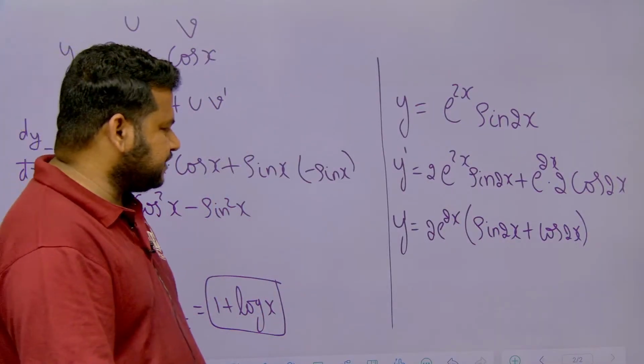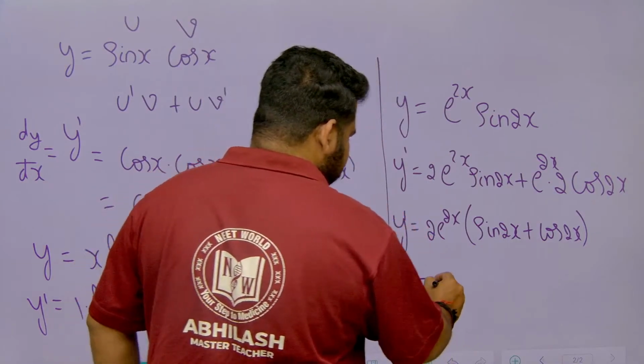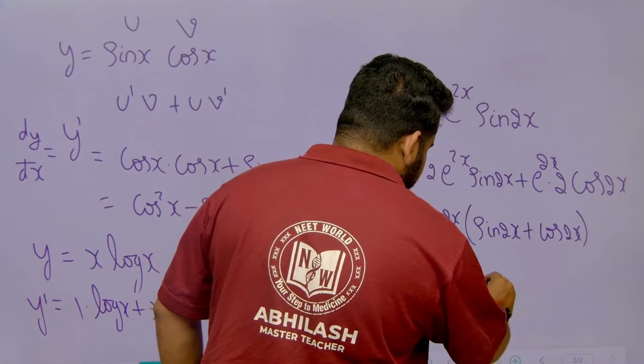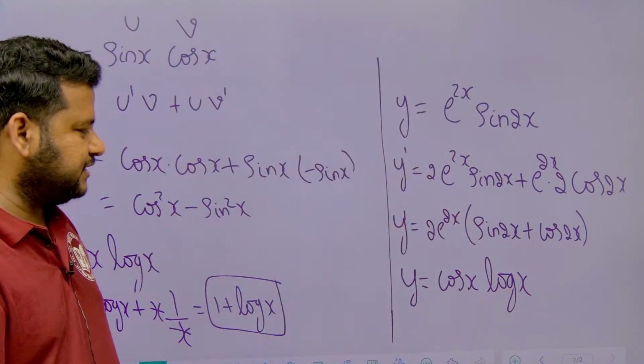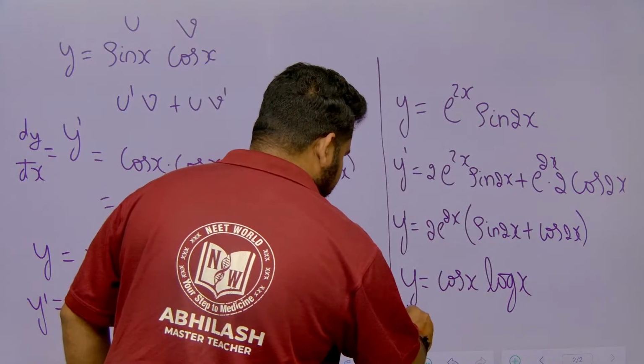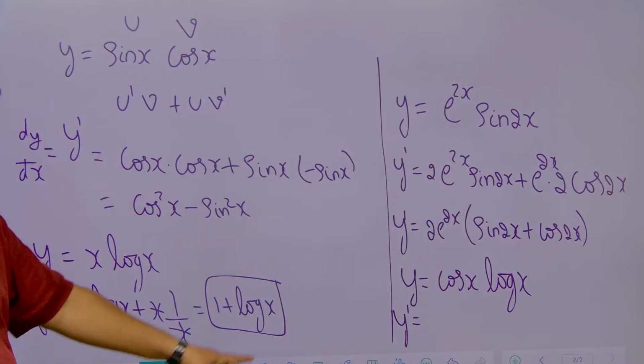Now let me give one question for you. y is equal to cos x log x. Find dy by dx of this, or y dash. Are you copying these questions? First copy all these questions, then do this question.